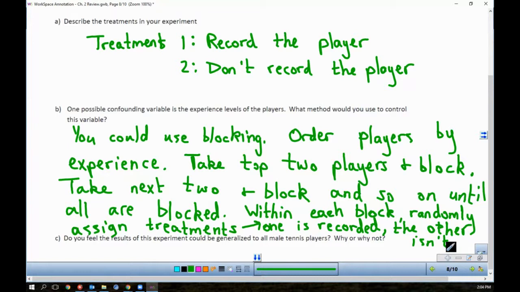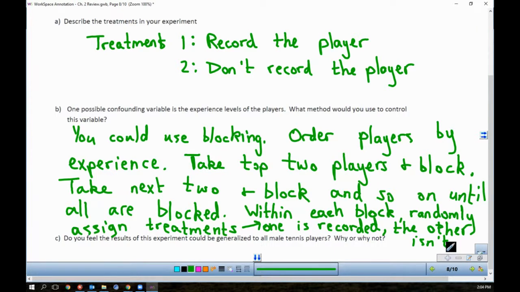C. Do you feel the results of this experiment can be generalized to all male tennis players? Why or why not? Let me ask you this. Who did they sample? High school male tennis players.